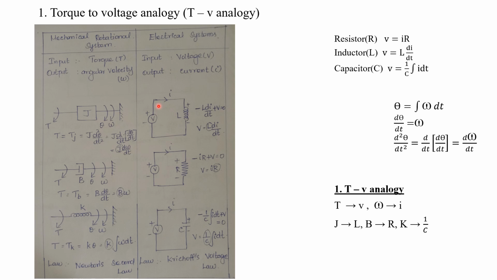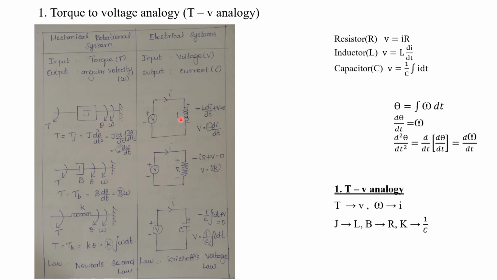When we start at this point and go like this, plus to minus, that will be minus. What about the voltage drop across the inductor? These are all the voltage drops across different elements. For the inductor, it will be L into di by dt. Going from plus to minus, it is a minus voltage drop, L into di by dt, where I is the current flowing through the inductor.